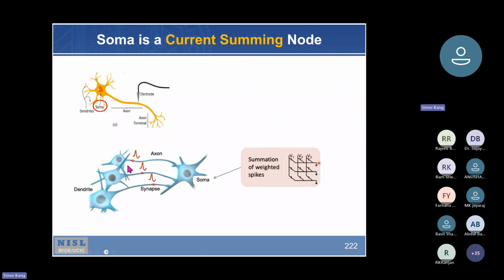So you can have the neurons connected through axon and synaptic link to another neuron. That's how you can build this crossbar. You have V1, V2, V3 going through the synapses, and then summed up, and then go through a thresholding logic and so on.